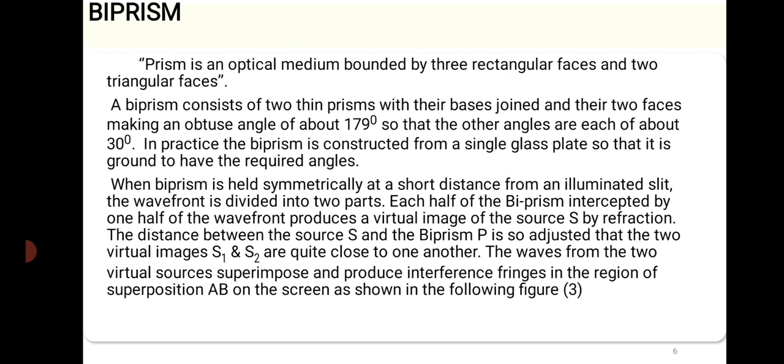The distance between the source S and biprism P is so adjusted that the two virtual images S1 and S2 are quite close to one another. The waves from the two virtual sources superimpose and produce interference fringes in the region of superposition AB on the screen, as shown in the following figure.